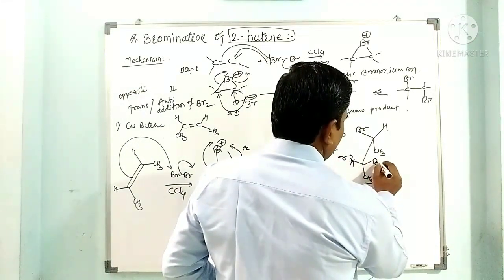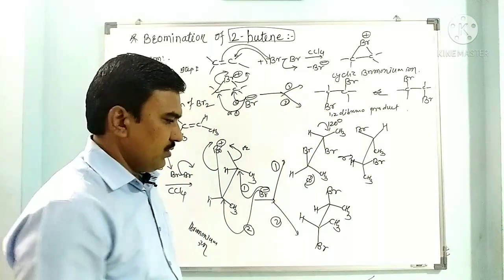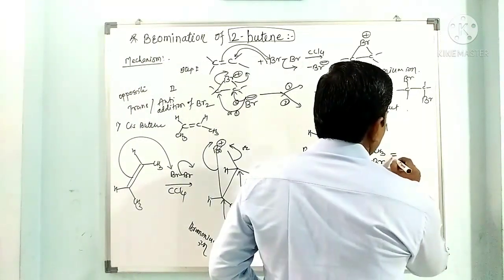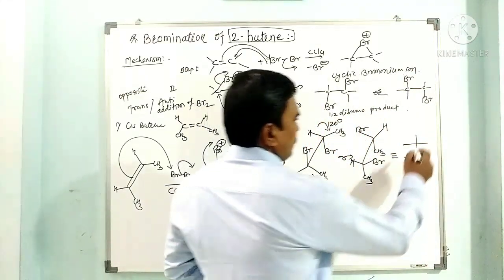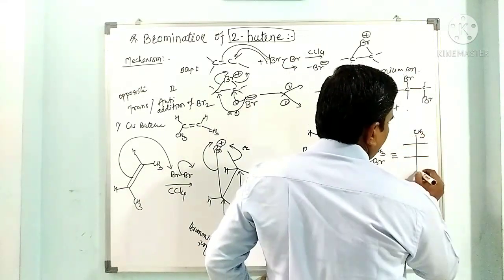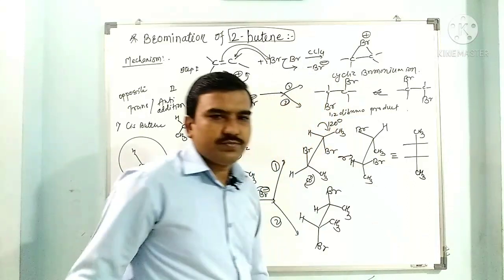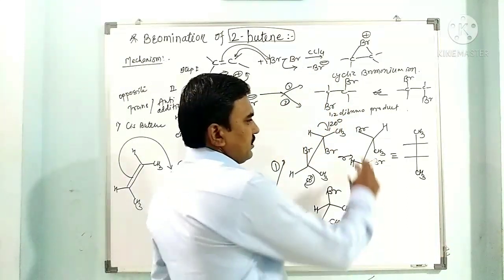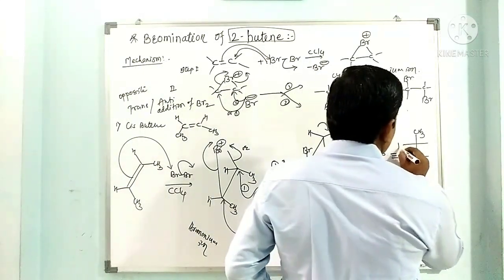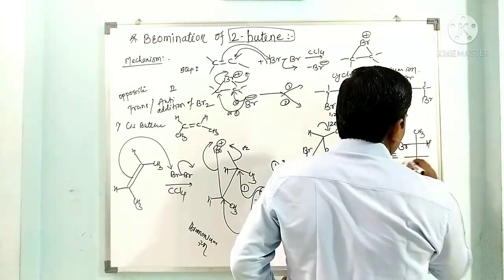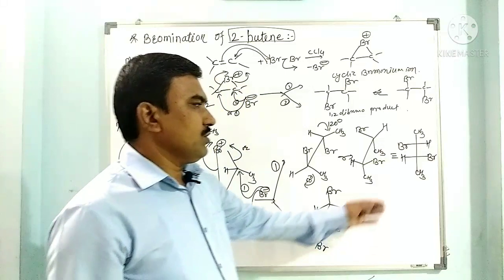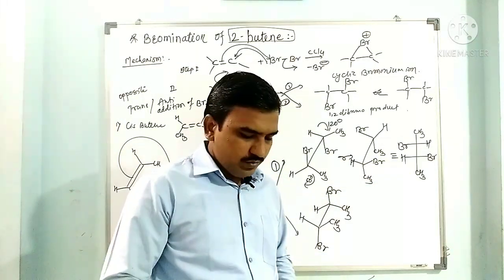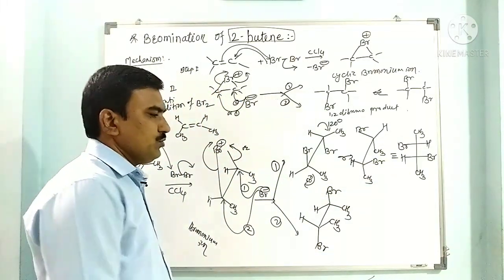When we represent this in a Fischer projection, this methyl is down. Down means this should be placed on the vertical bonds, and here there is Br H, H Br, Br H, and this is H Br.